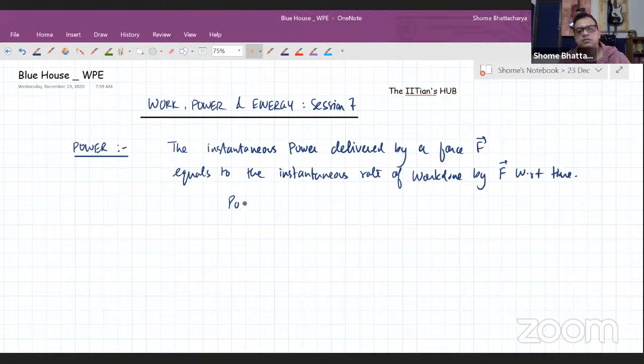So power equals rate of work done with respect to time, the instantaneous rate of work done.